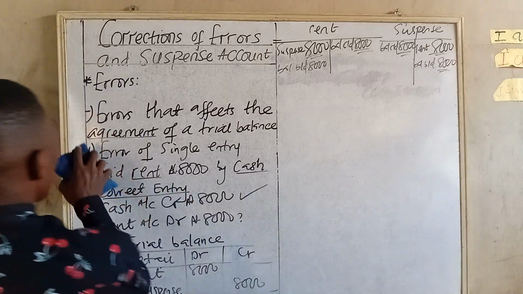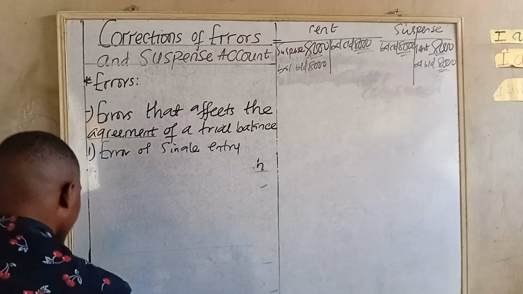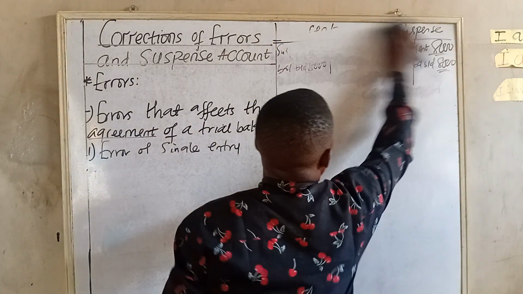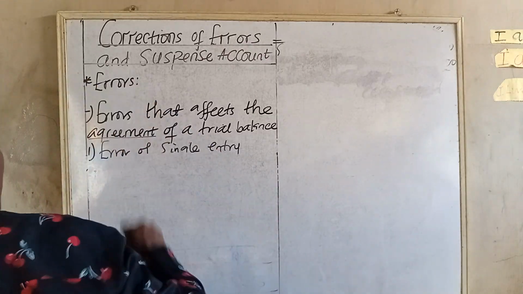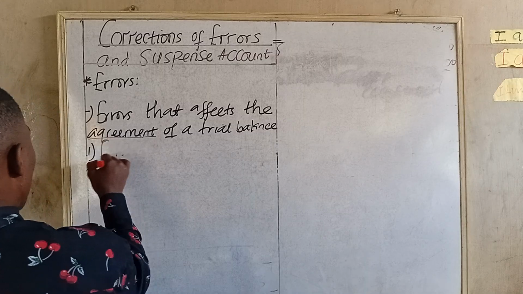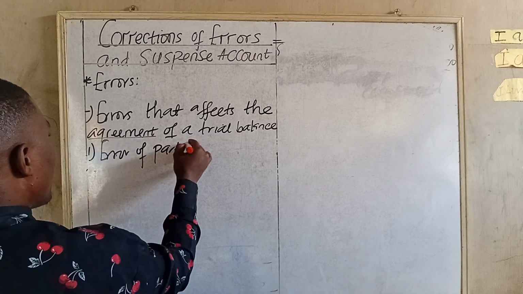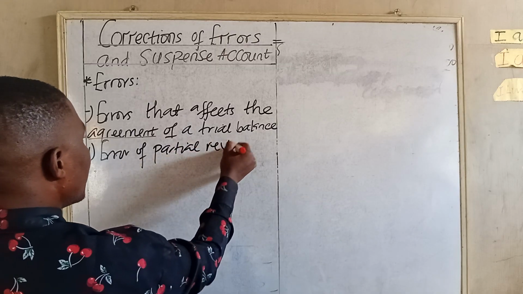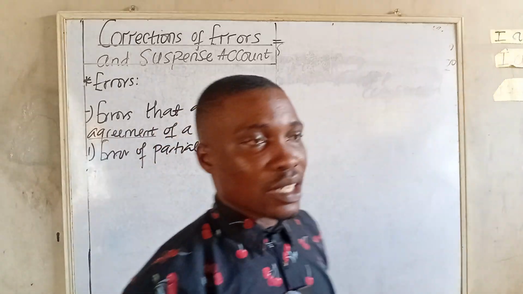Now the second one we are going to be looking at here is error of partial reversal.